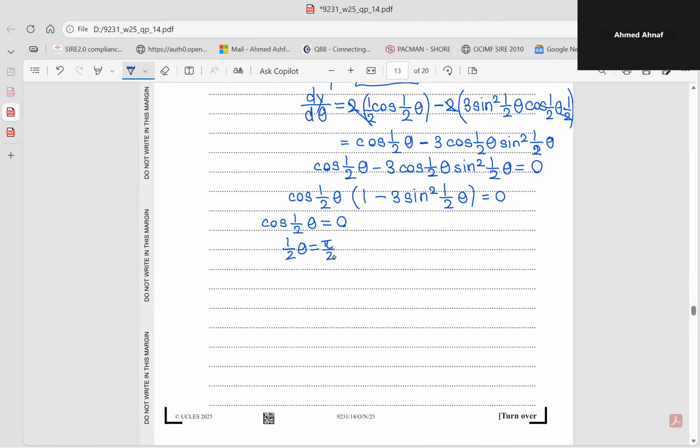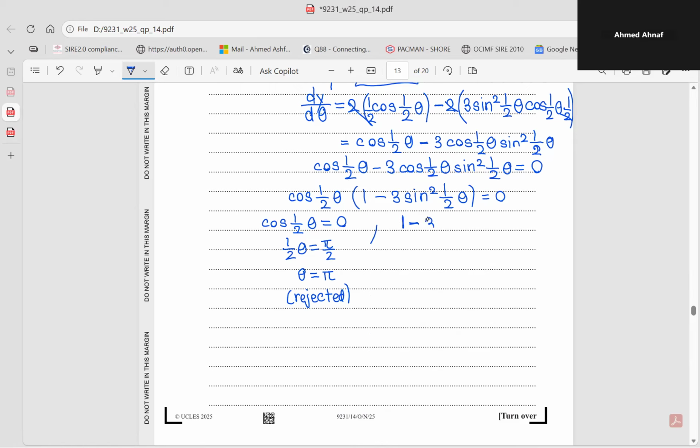Therefore, theta has to be equal to pi. But we know that's not the case because the distance is literally at the origin. So therefore we have to reject this, unfortunately. So on to the next one.